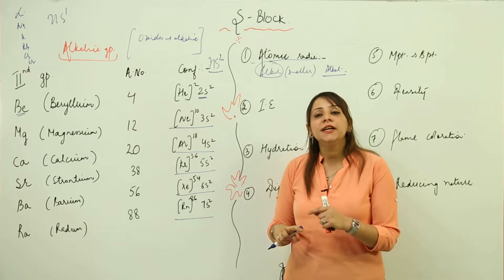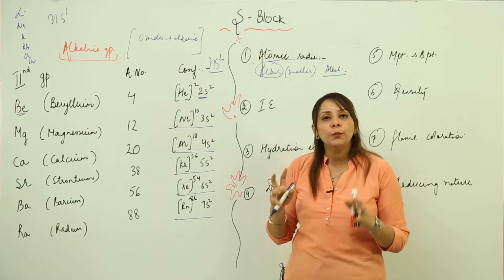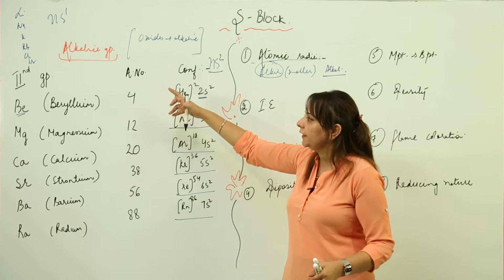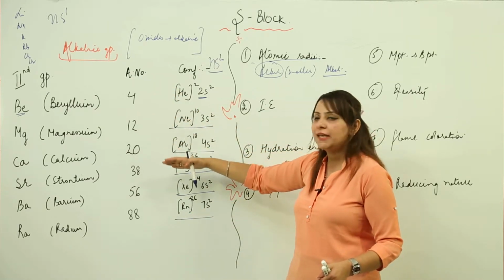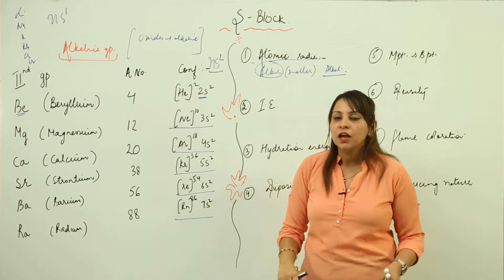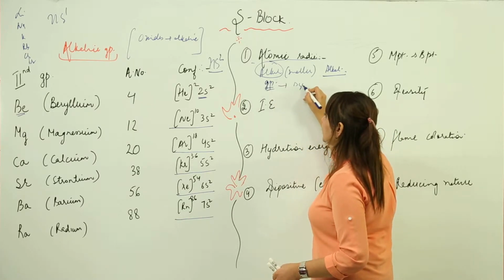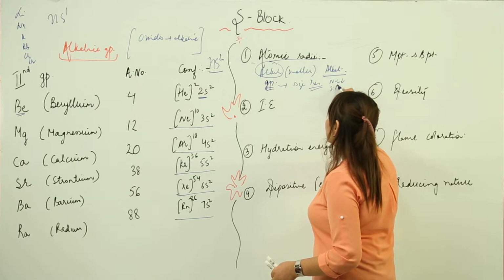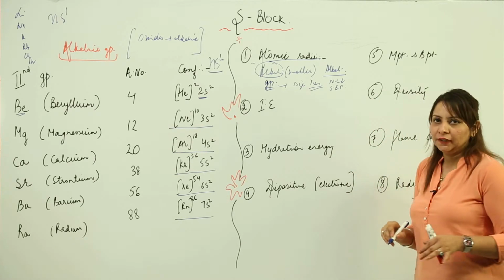But here the screening effect outweighs, so the size increases. In the group, beryllium is the smallest, and as shells keep adding, the screening effect increases, therefore the size also increases. So along the group, size increases because the shielding effect increases. This is atomic radii.